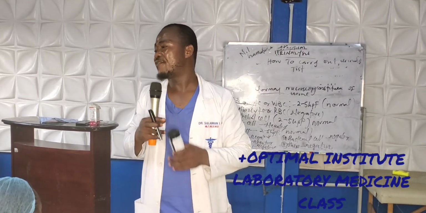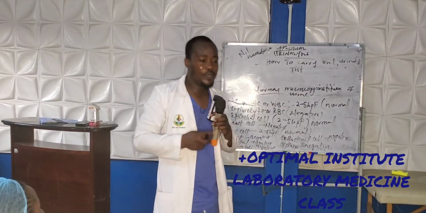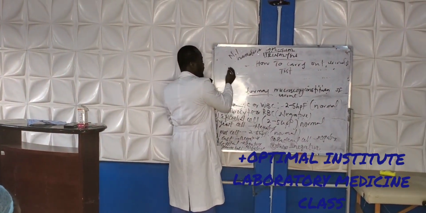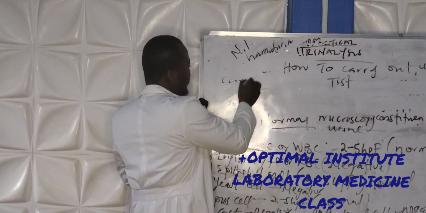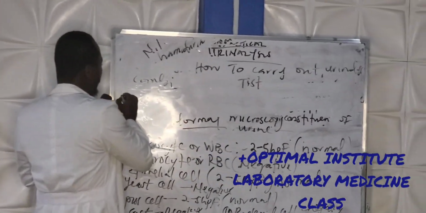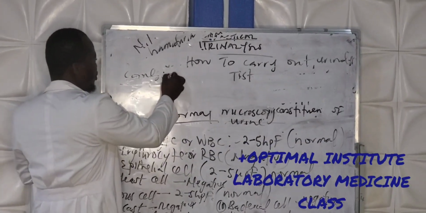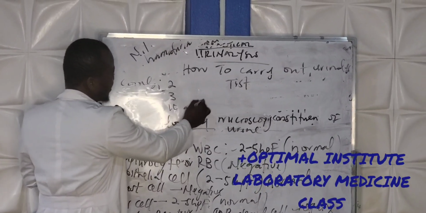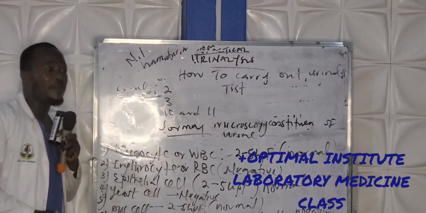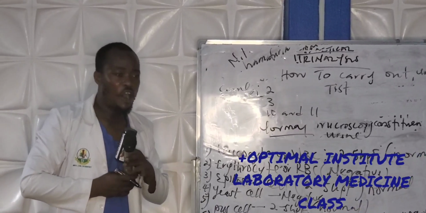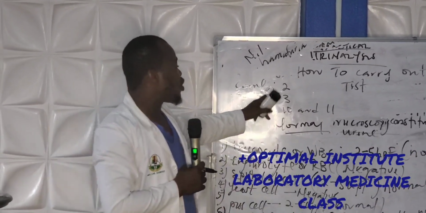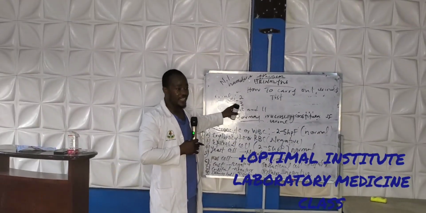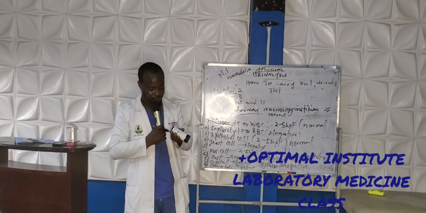And there are different types of Combi. We have Combi 2, Combi 3, Combi 10, and Combi 11. Combi means a combination of parameters. When we say Combi 3, how many parameters?